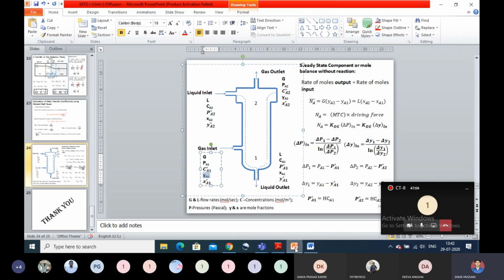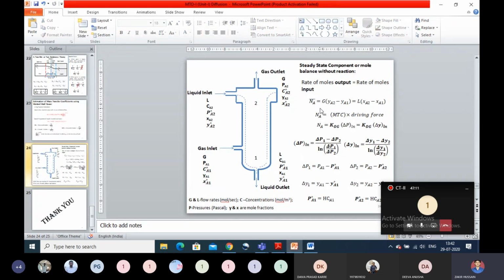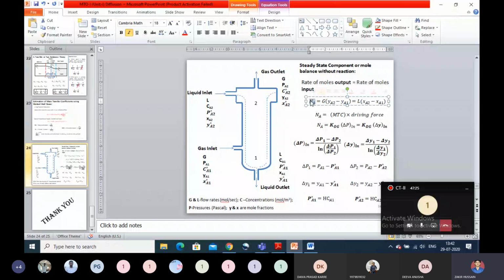Flux will have units of mole per meter square second, but here we are not considering the area of the tower. So Na bar has units of mole per second only. When we divide by the area A, this equation will become Na, the true flux, which will have units of mole per meter square second.